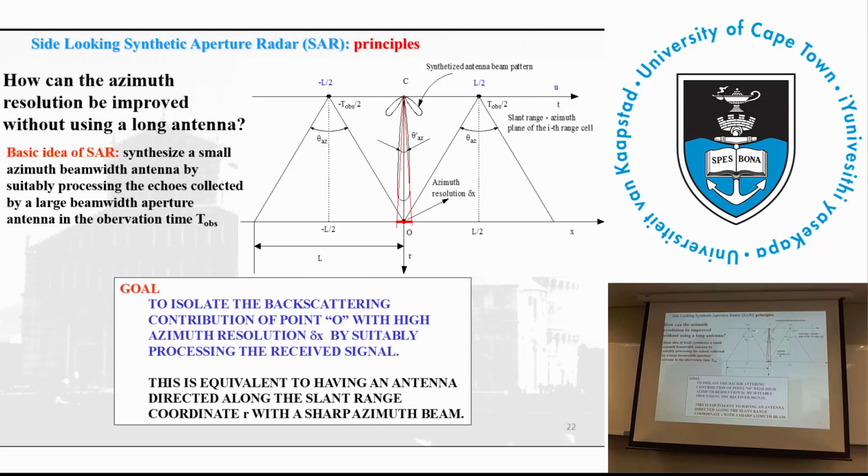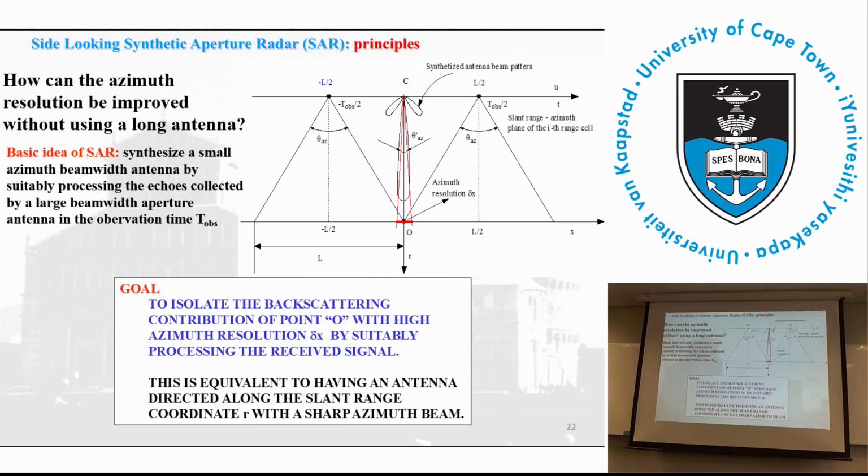Now we think of having one single element mounted on a platform that moves along some rectilinear trajectory, and as it moves, this antenna sends out pulses and receives echoes. So we assume we have a radar attached to this antenna that is operating in pulse mode, and it's a coherent radar as well.